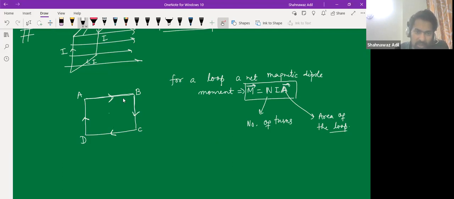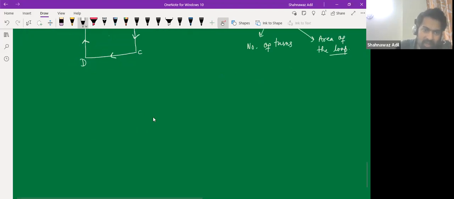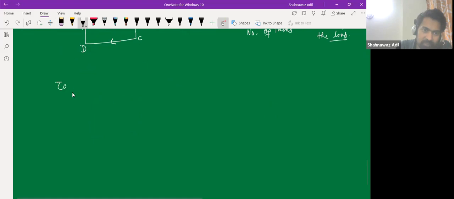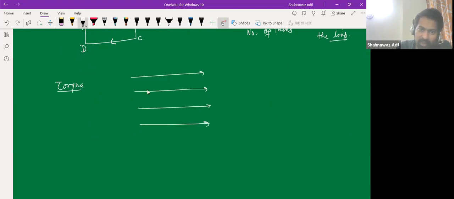Okay. So due to this net dipole moment, we have a torque. Let's say we have this loop inside a magnetic field, and we have placed this current carrying loop, which has this magnetic moment, in the magnetic field.